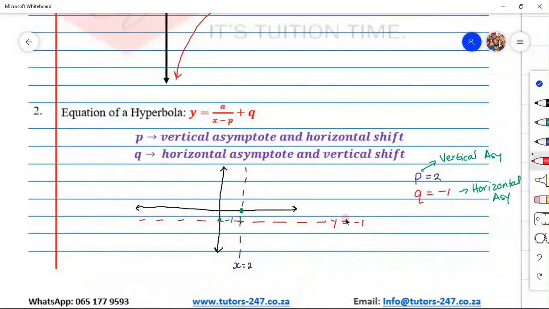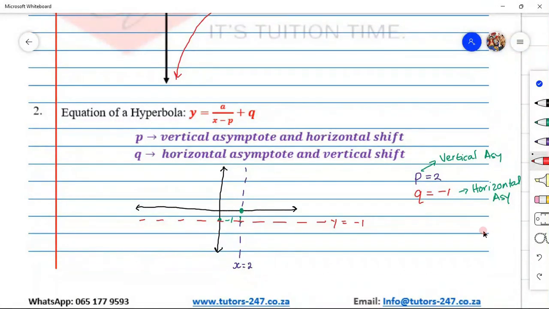Now, as you can see from the asymptotes, there are 4 quadrants that have been created. Let's not look at our axis to determine our quadrants. Let's look at our asymptotes to determine our quadrants. So we know that the quadrants are basically the regions that our graph is going to be drawn in.